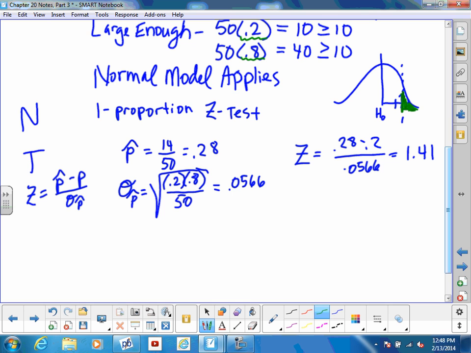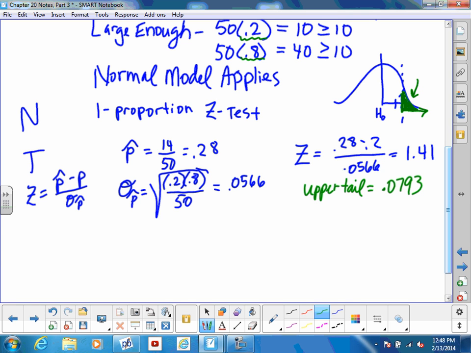This is one tail, the upper tail. How do I get this? Norm CDF from 1.41 to infinity, and I'm going to tell you that's 0.0793.